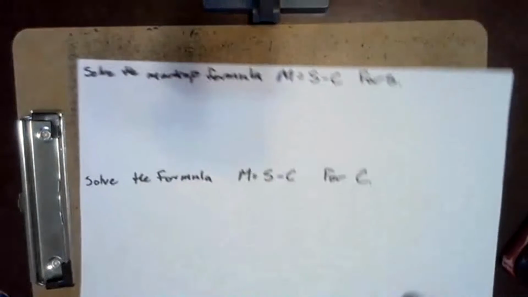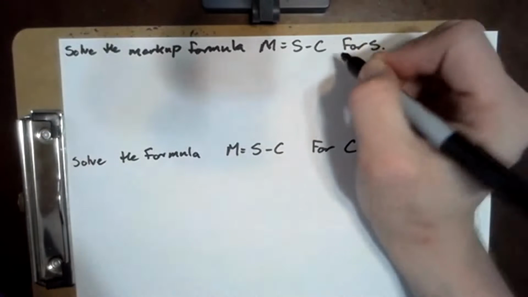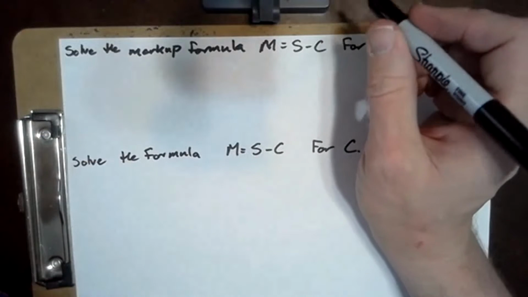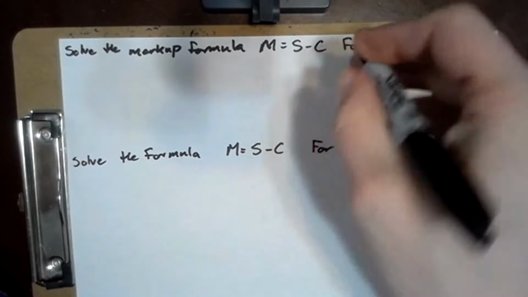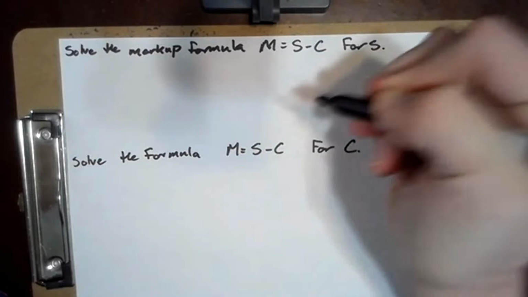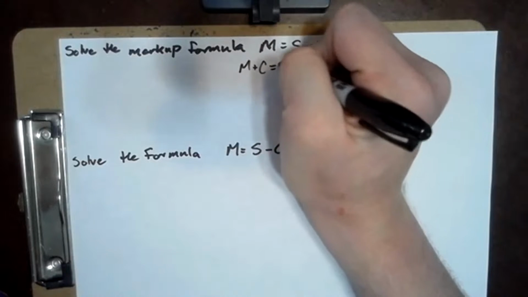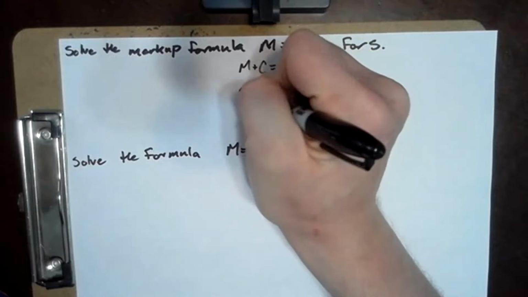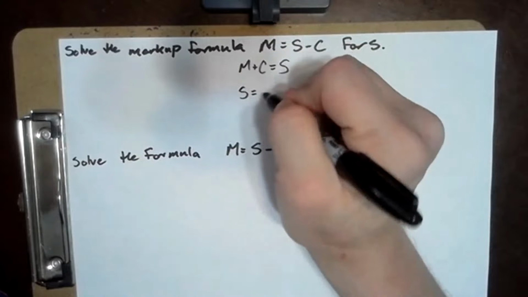Next, we're asked to solve some formulas. We're asked to solve the formula M equals S minus C for S. So first, I want to get S on its own, which means I need to add C to both sides of the equation. So M plus C equals S, and then I'm just going to switch the sides because we usually want to have the variable we've solved for on the left.